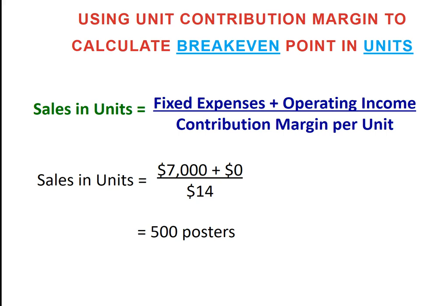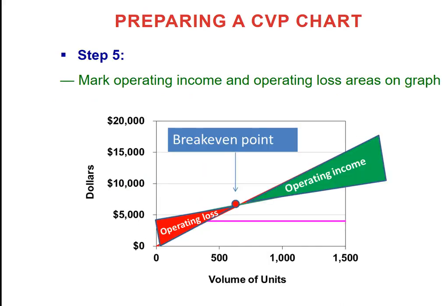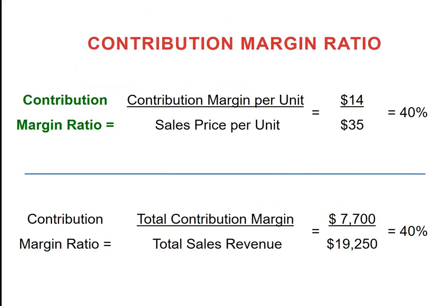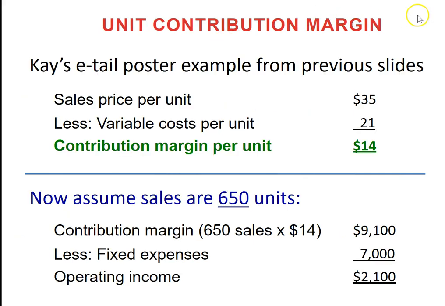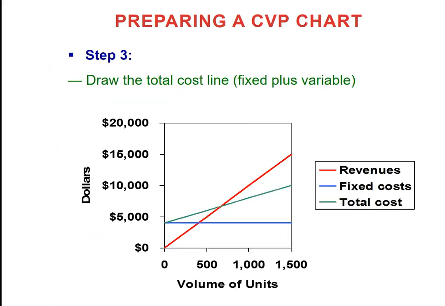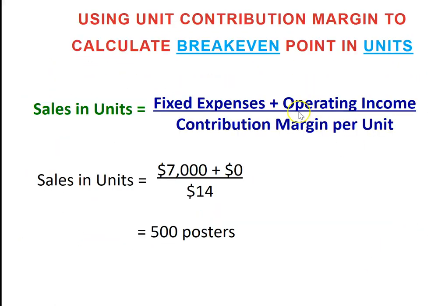If you remember from your previous slides, they had fixed expense of $7,000, and we also calculated, if I go back a few slides, that their contribution margin per unit is $14. Now by using this information, you can use one small formula to calculate the break-even point in units.